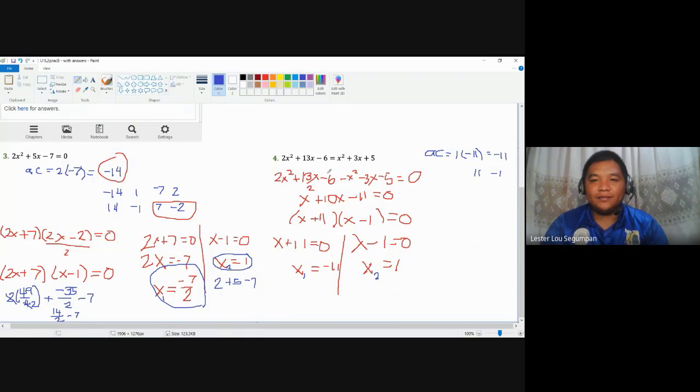Let's try 11 here. But when we try it, we need to use the given. Do not use this expression here. Again, I would like to caution everyone, do not use this expression, because there might be problems when you simplify this expression until here.